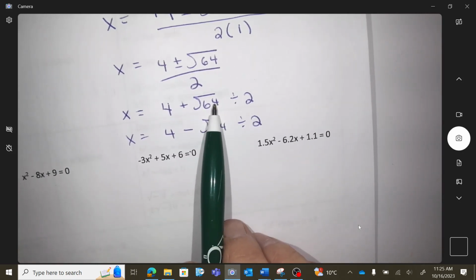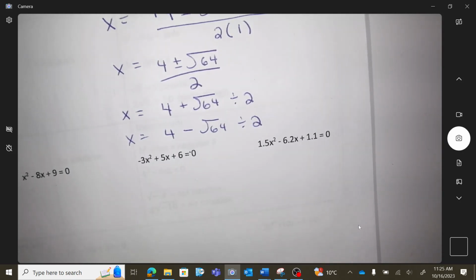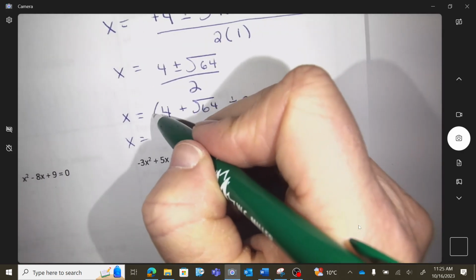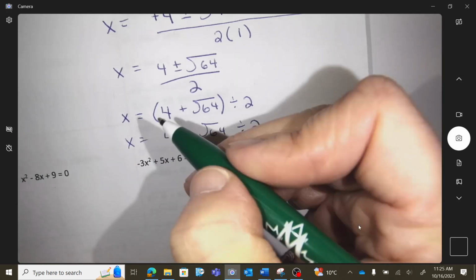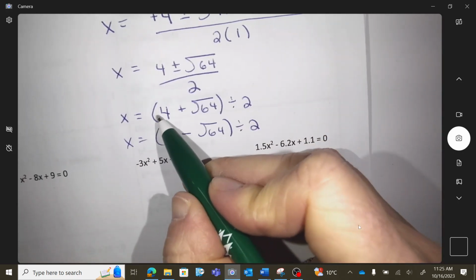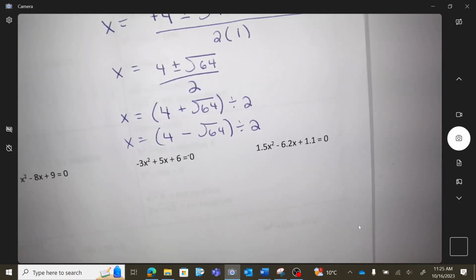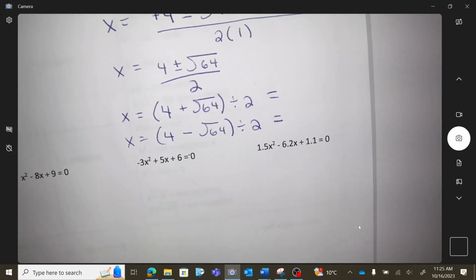Your calculator is going to do this division and then that separately. So how can I fix this scenario? I need to put on brackets. Does that make sense? Why? So that's one of the most common mistakes in using this formula. You have to have the top in brackets divided by the bottom. Okay, so can you type these separately? And it looks like I know my answers because we factored this. So does it match?